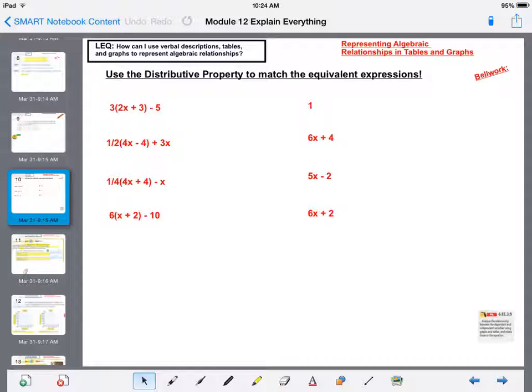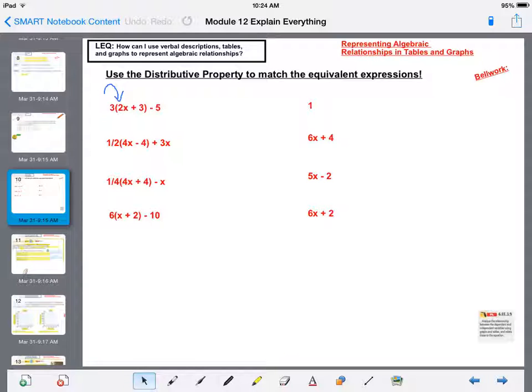In this slide, we reviewed the distributive property and we were asked to match the equivalent expressions. Now remember, with distributive property, you're going to take every number on the outside and multiply it by every number on the inside of the parentheses. So for example, when we look at this first one, we have 3 times 2x.